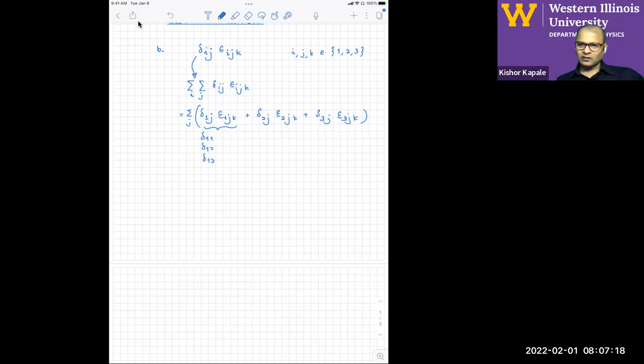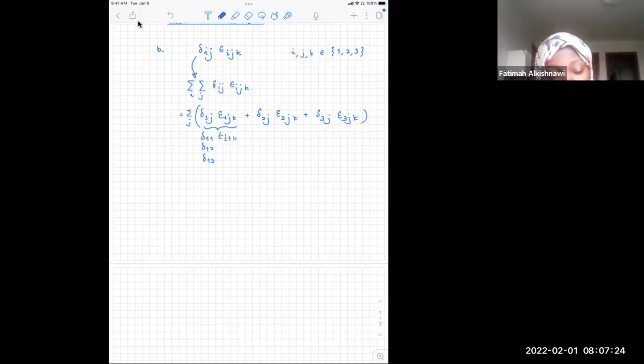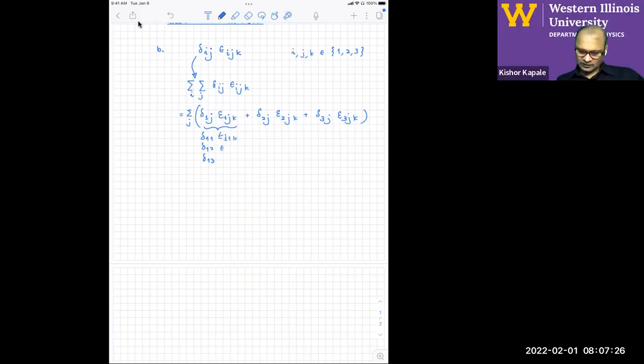Which one of these are 0? Delta 1,2, delta 1,3. Right, okay. So these two are equal to 0, right? I'm just going to add the plus sign. This is non-zero, but how about that one?